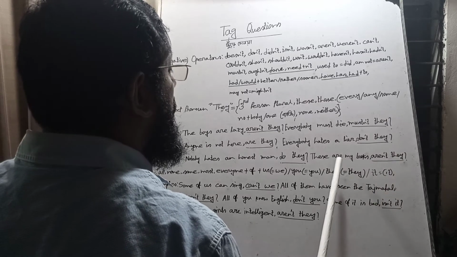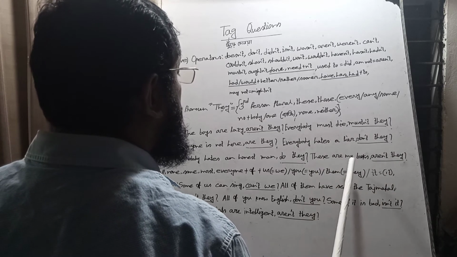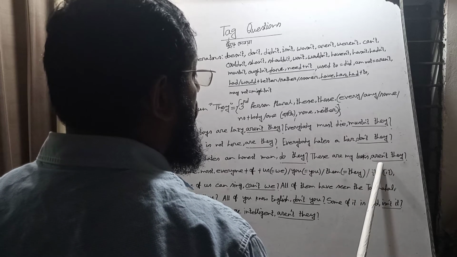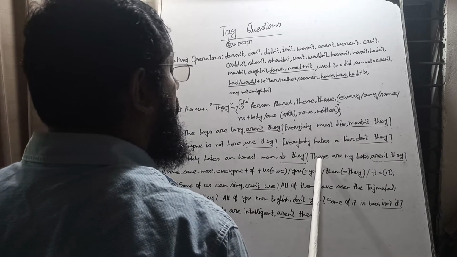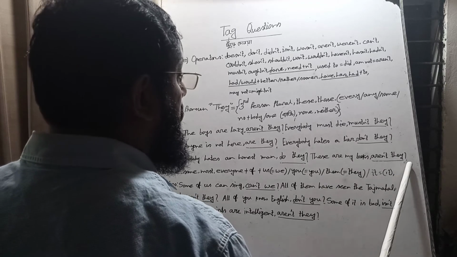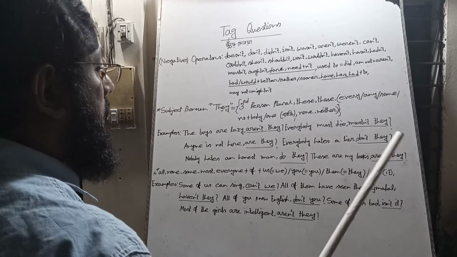So are will be there, and the sentence is affirmative, so the tag question will be negative. So we bring not as the contracted form aren't, and the subject pronoun will be they. Aren't they? At last we use a note of interrogation.